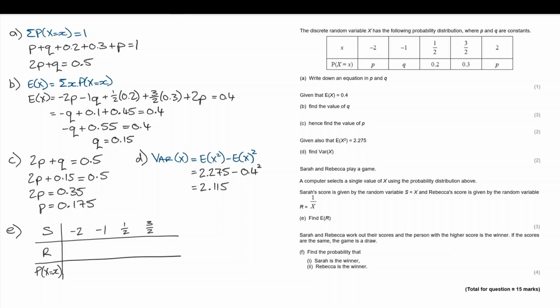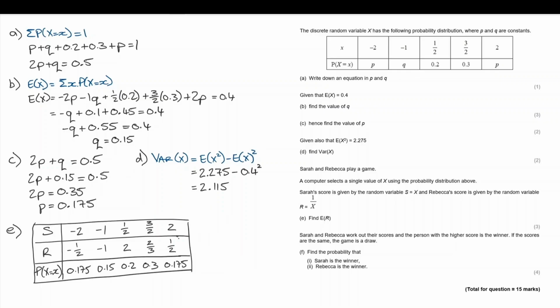S values are matching the x values, so I'll get those down. R values are going to be the reciprocal of each of these: 1 over -2, 1 over -1, 1 over 2, 2 over 3, 1 over 2. And the probabilities follow through as they were originally in the table. So p was 0.175, q is 0.15. And here's the table that we have together.